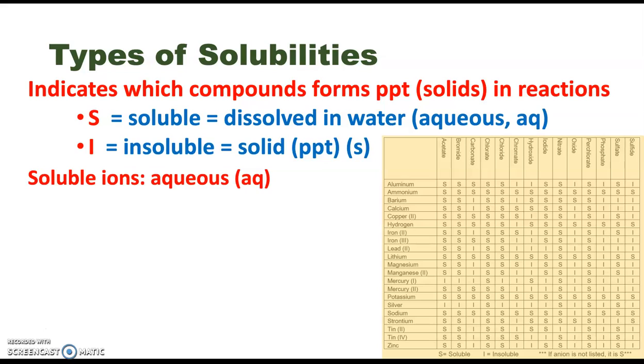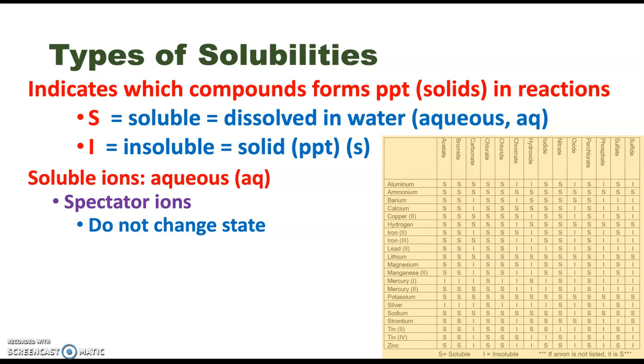But soluble ions are aqueous. We do have these things called spectator ions. When we write a chemical reaction, if ions remain aqueous at the start and at the end, they aren't actually reacting, so we call them spectator ions. They're not changing state.